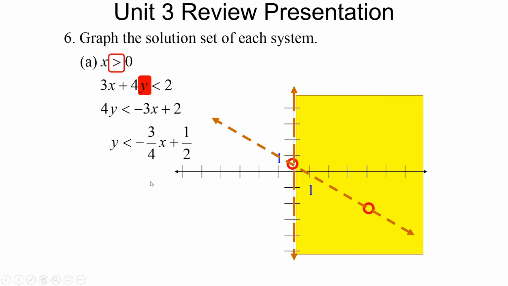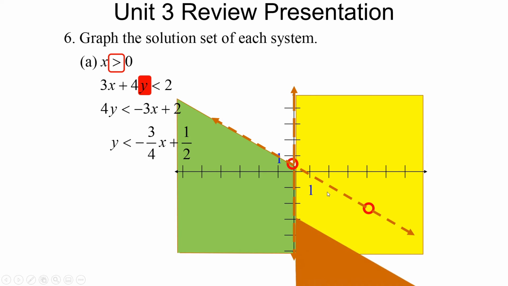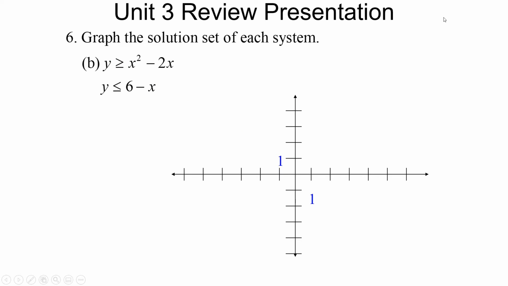Now y is less than this boundary line right here, so that would be everything below that one. So I'll do this region in another color. And then I have to think to myself, looking at this, what is the double shaded region? Wouldn't that be this region right in here? So let's really highlight that region. There we go. That's great. And there's my graph.